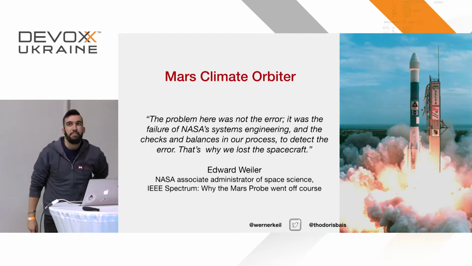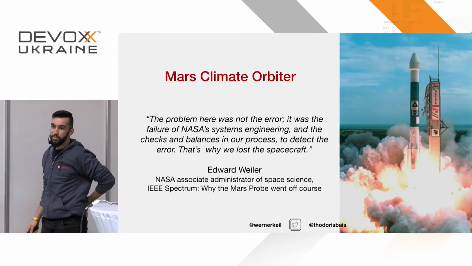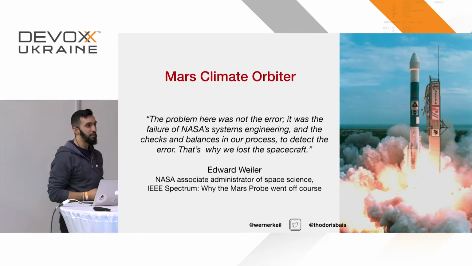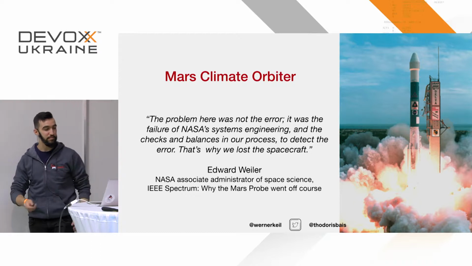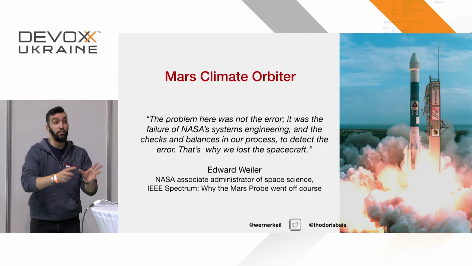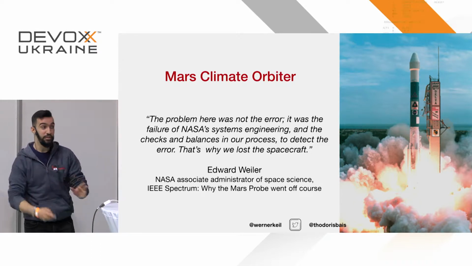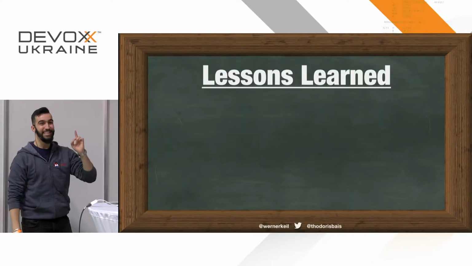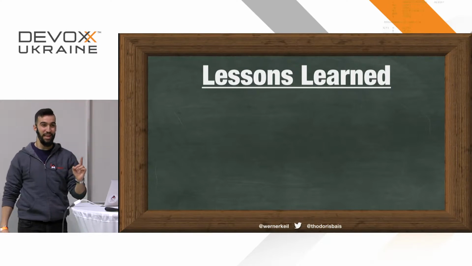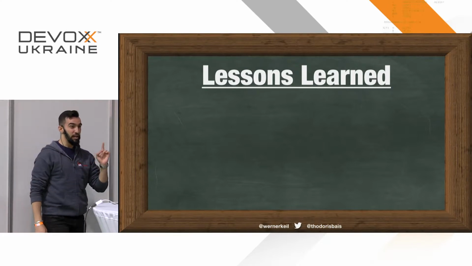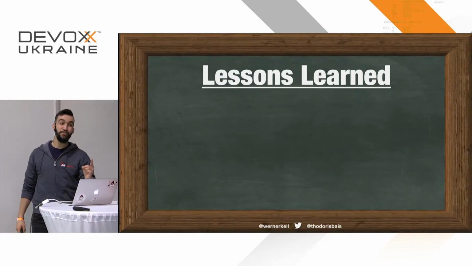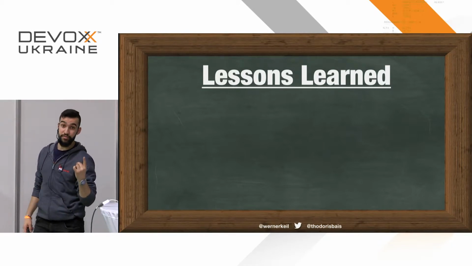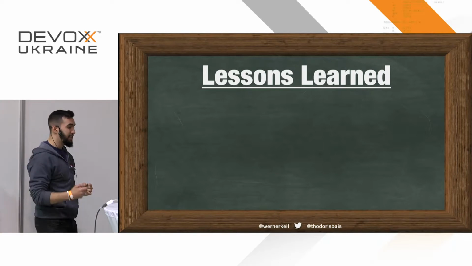So, I'm kind of wondering at the moment, did we learn anything from the past? Are we still learning anything from the past? At least, for this particular case, we can learn three main things. First of all, read the software specification. If Lockheed Martin would have read the software specification, this mistake or this mishap would have never happened, right?